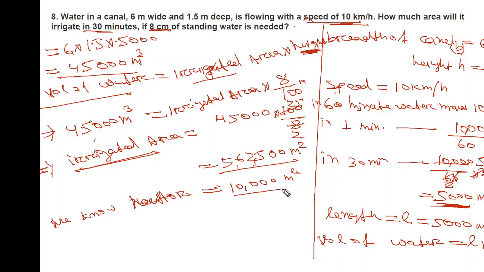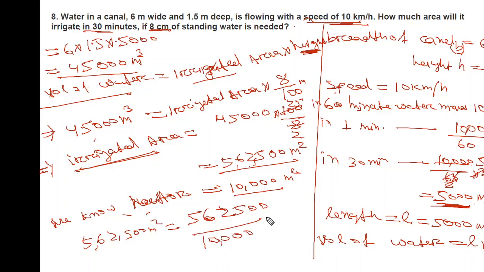So 562500 meter square is equal to 562500 divided by 10,000 hectare.